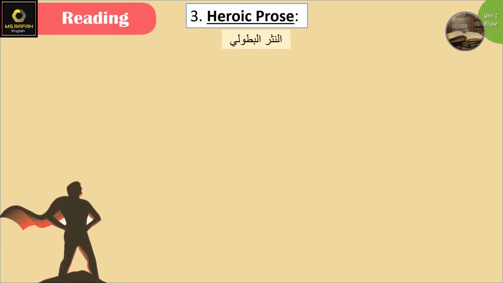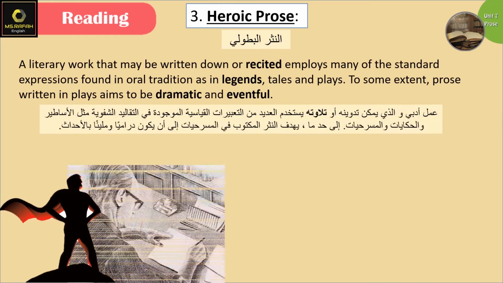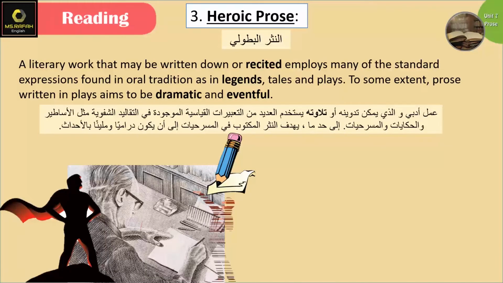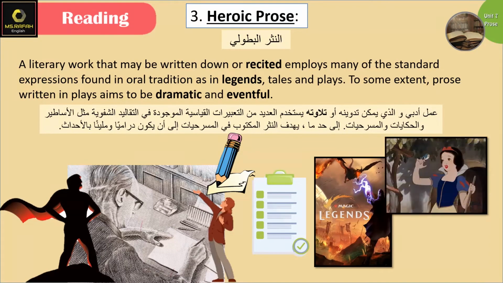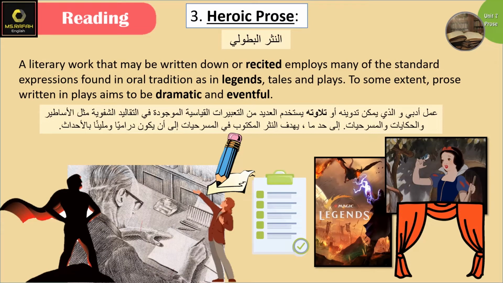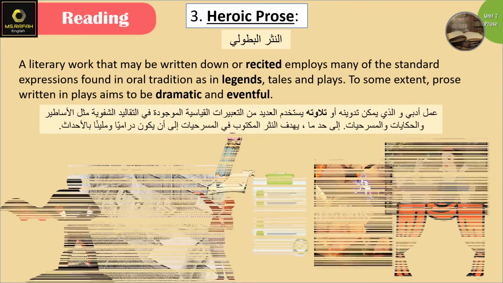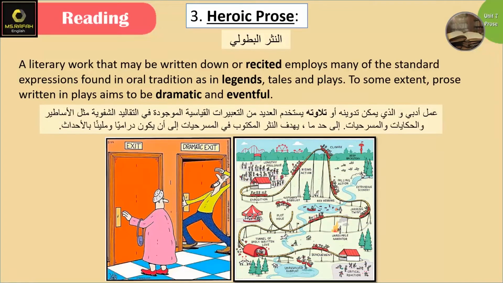The third kind is heroic prose. A literary work that may be written down or recited employs many of the standard expressions found in oral tradition, as in legends, tales, and plays. To some extent, prose written in plays aims to be dramatic and eventful.